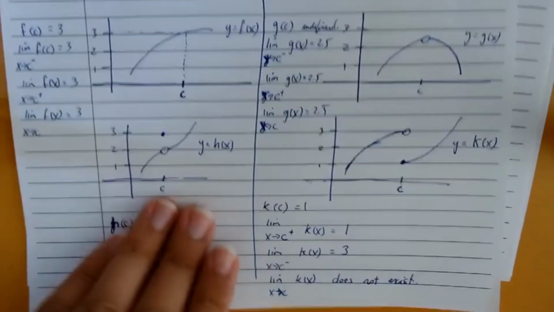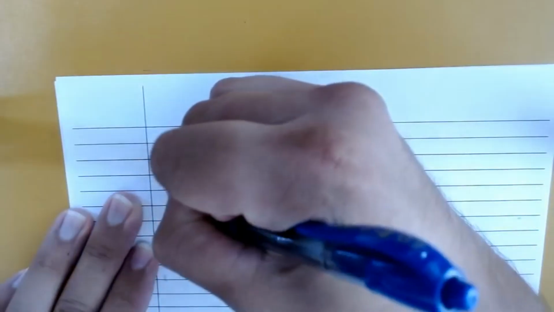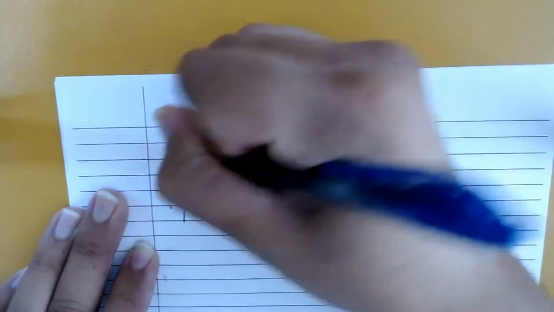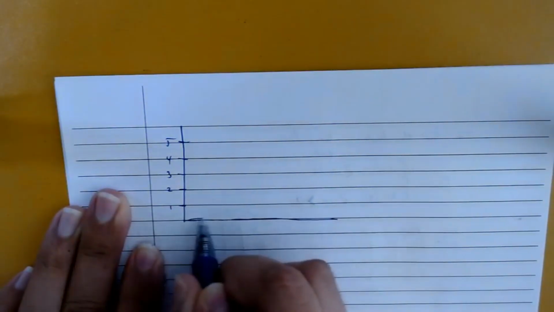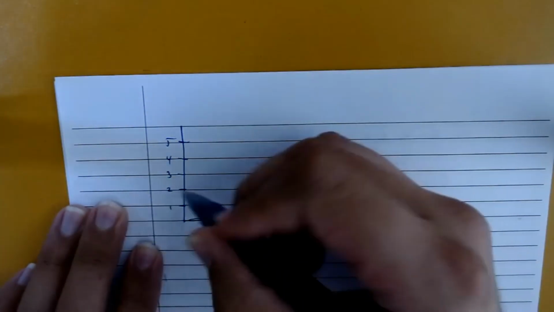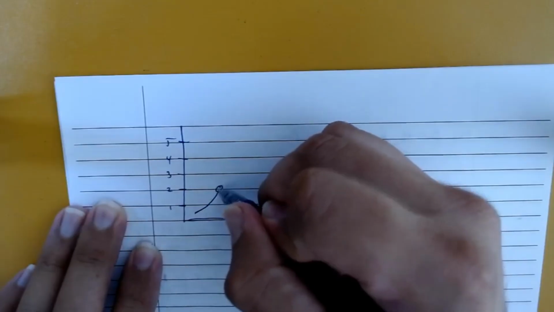All right, so let's go and give this one a try. Consider the following function. Let's say you have the following graph, and again, this is 1, 2, 3, 4, and 5. There's a hole right there.